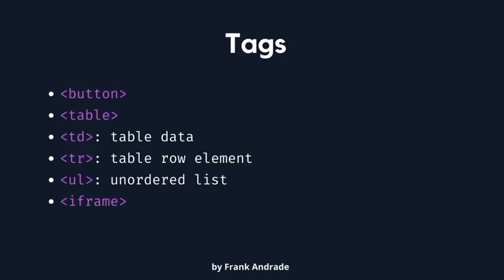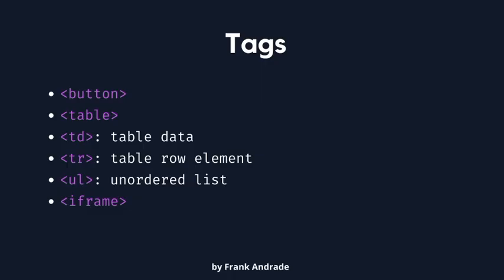Let's see the last 6 tags I listed here. So first we have the button tag. So this one specifies a button that can be clicked. It's commonly used with forms. Then we have the table tag that is used for making tables in an HTML page. Then is the TD tag, which stands for table data.